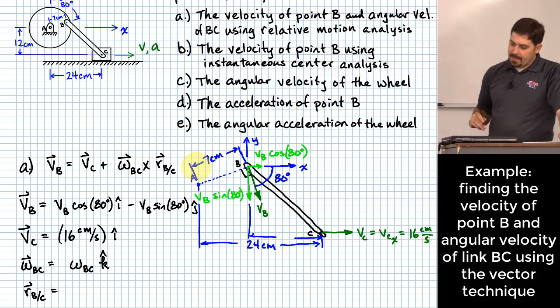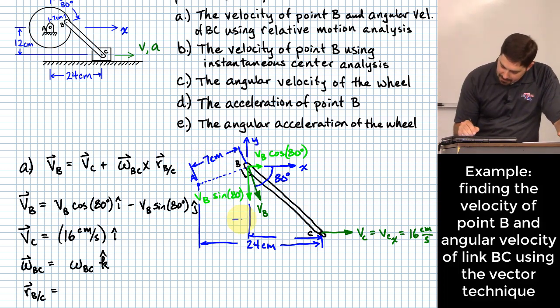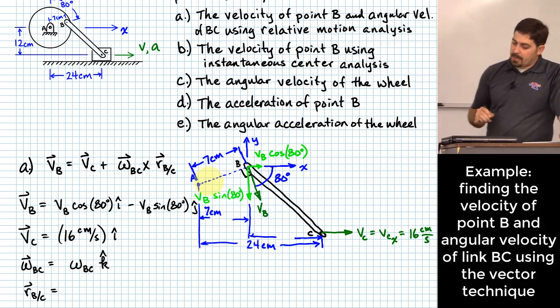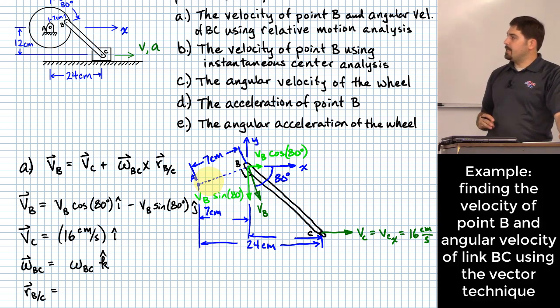Okay, what that tells me is that this little amount over here is, excuse me, not 7, this is 7 centimeters times, okay, got to think about the trig there. It looks like what that should be is 7 centimeters times the cosine of 80 degrees.